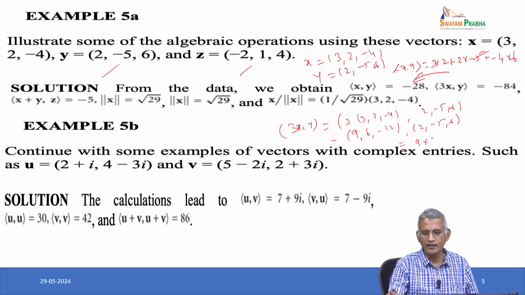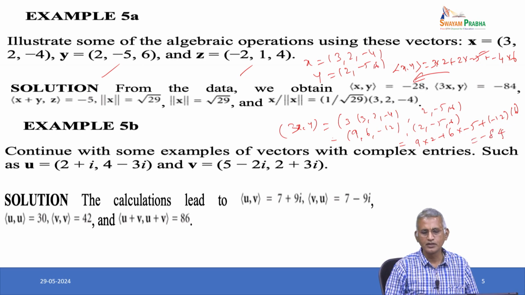Then 9 into 2 plus 6 into minus 5 plus minus 12 into 6, and the resultant will be minus 84. So this way we can calculate the inner products of x comma y and 3x comma y.